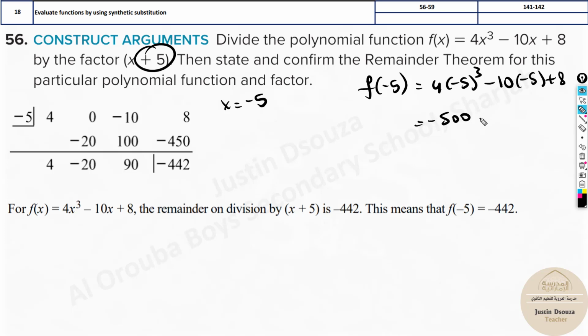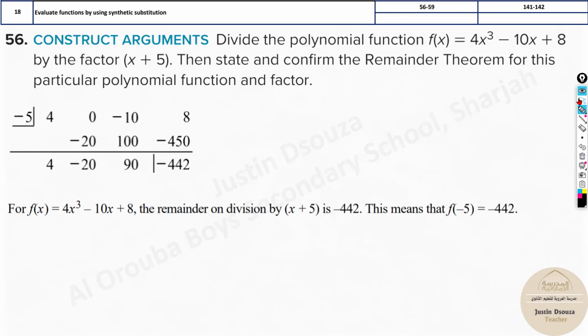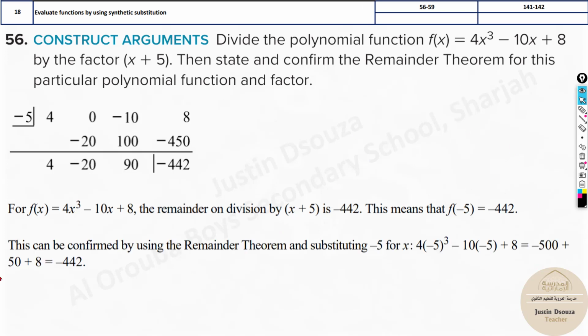Minus times minus will be plus 50, and lastly plus 8. It will be minus 450 plus 8, that is equal to negative 442, and that is the remainder we got, and that is the answer even over here by checking. So this is what the remainder theorem means. We have confirmed it from the remainder theorem by substitution.